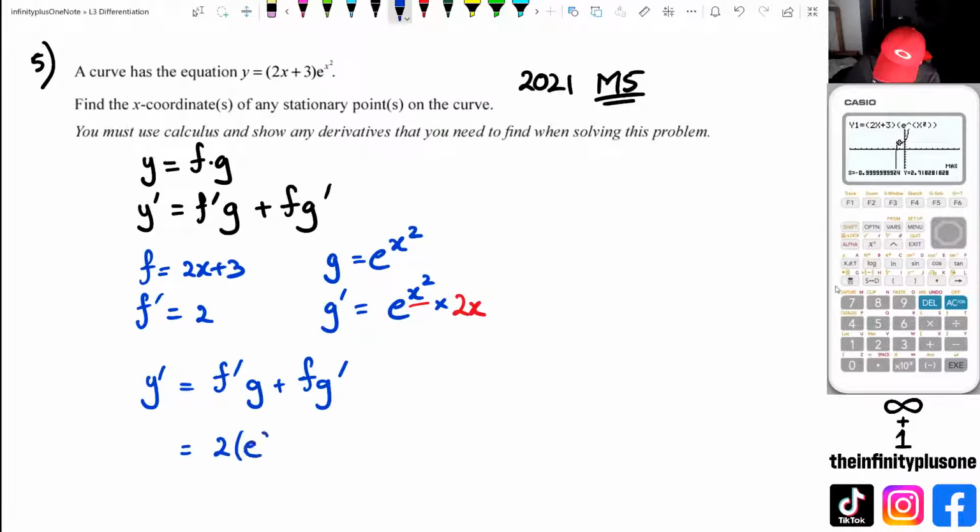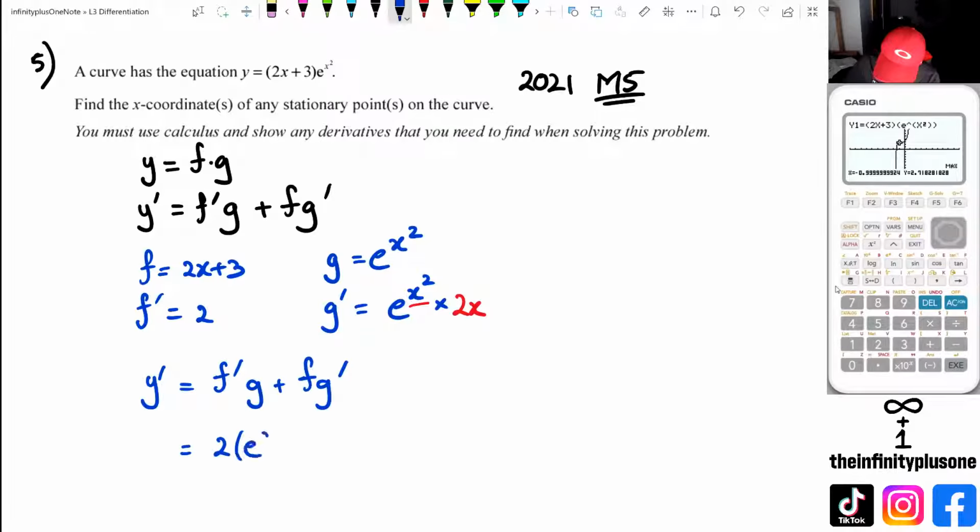Now, because e of x squared is a common factor, I am going to take that out. What I'm going to end up with is e of x squared multiplied by 2 plus 2x plus 3 times 2x.